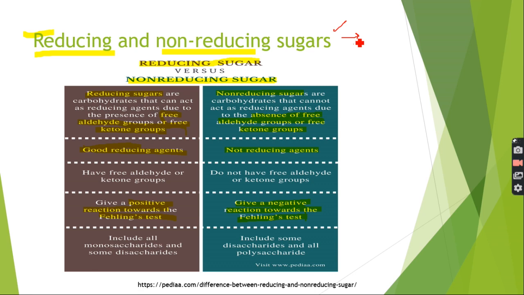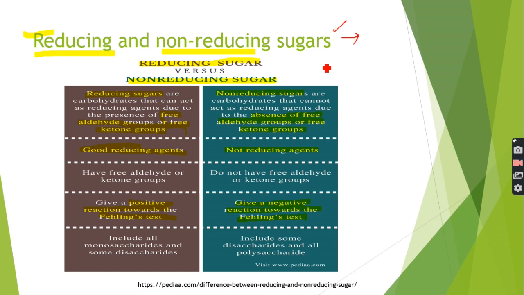In this case, it will be called a reducing sugar, and the one which does not support the reduction will be considered a non-reducing sugar. This is one of the bases of the tests we are going to do today. There are certain tests which give a positive result with reducing sugars, and certain tests which do not give a positive result.